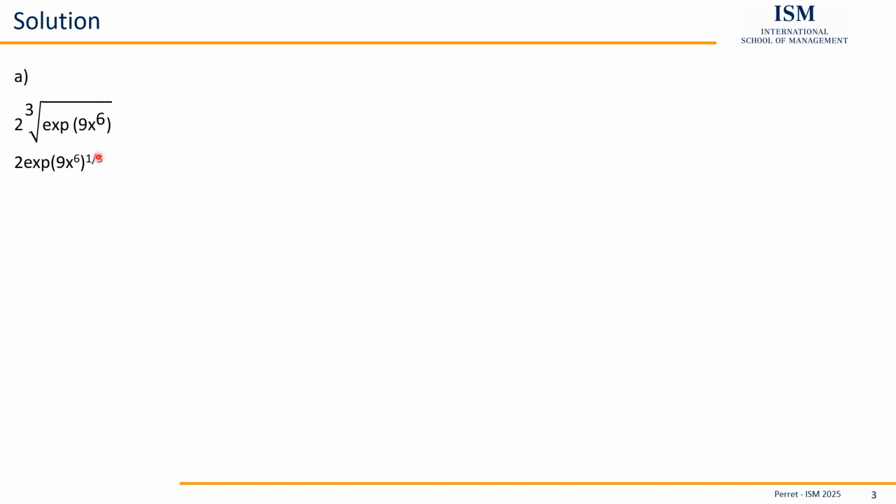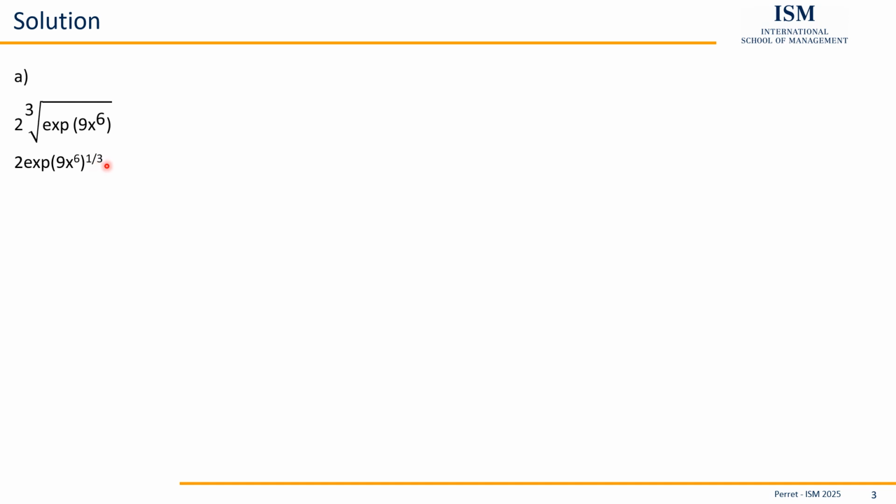This has one big advantage, because the exponential function is nothing else than e to the power of. So here this actually means something like e to the power of 9 times x to the power of 6. So I have e to the power of this to the power of 1/3.